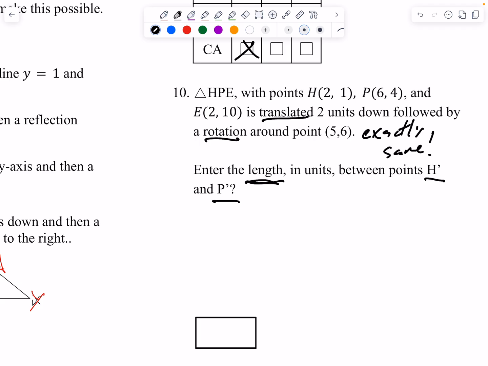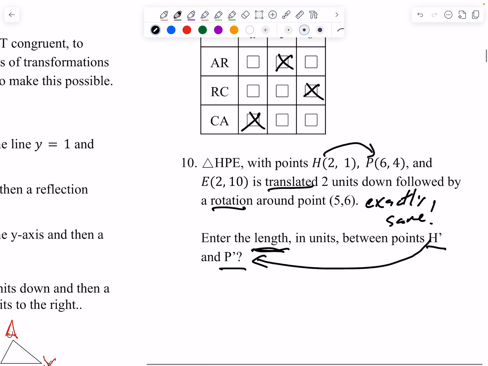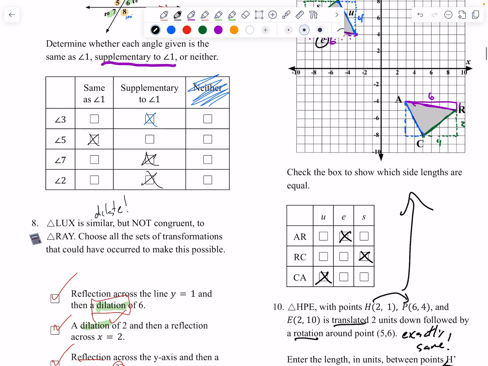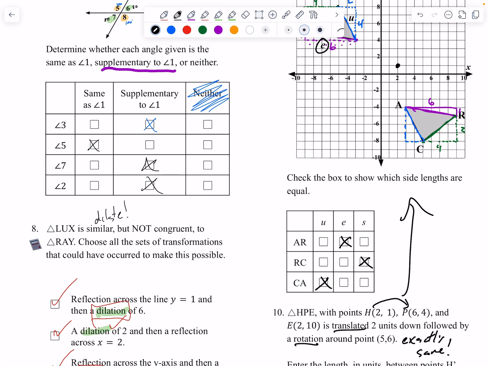So the distance from the original H to P, so from here to here, is the same as from H to P prime. So all we got to do is do the graph. So can we do that up there, right? So where's H? 2, 1. So there's 2, 1. Okay, there's H. And where's P? 6, 4.